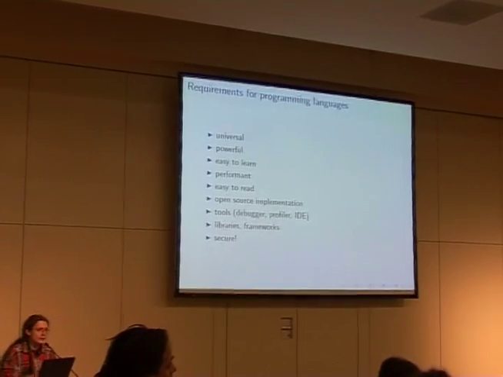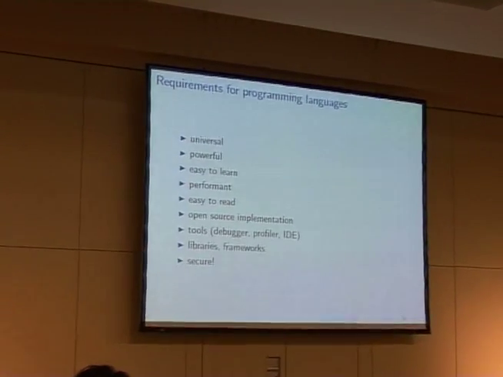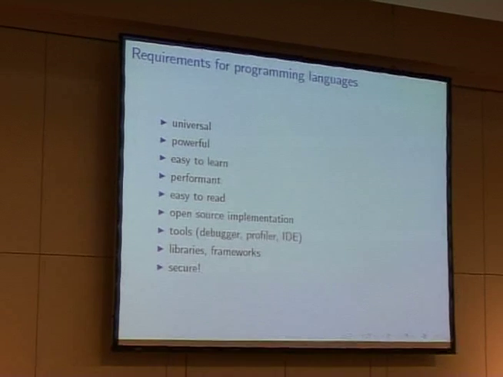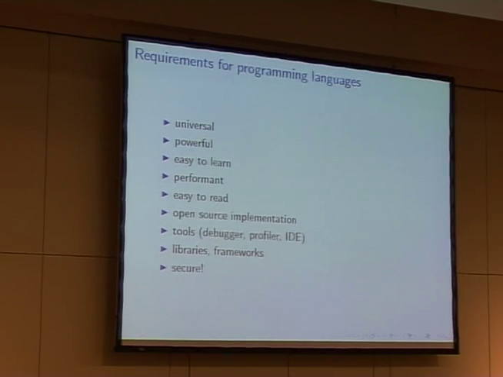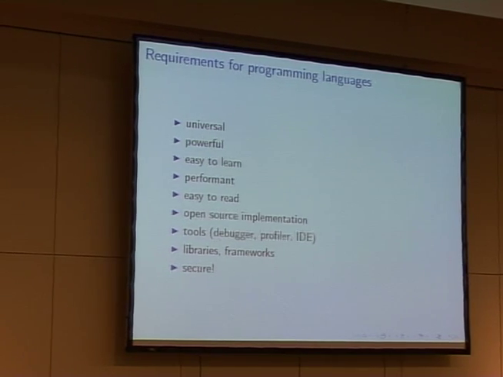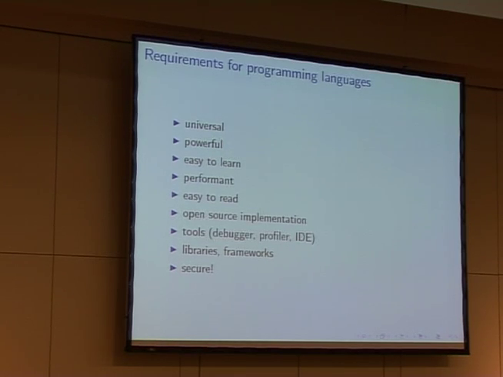So there are certain requirements one as a programmer has towards the programming language. There are a lot of them, some have to do with the language, some with the support around the language. A programming language should be powerful and expressive, so you don't have to write everything 5 or 10 times. You want it to be universal.